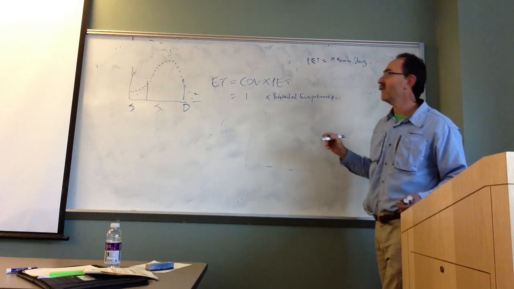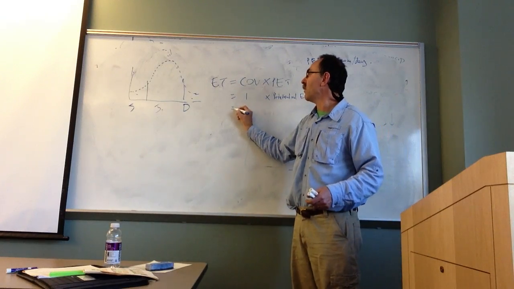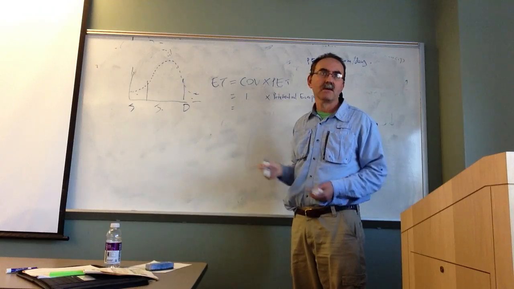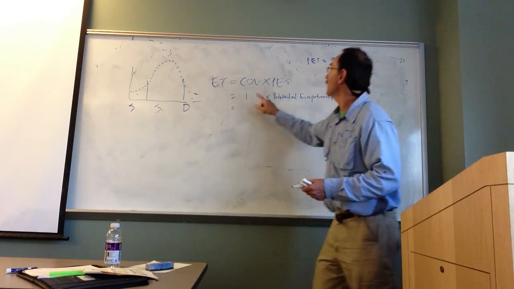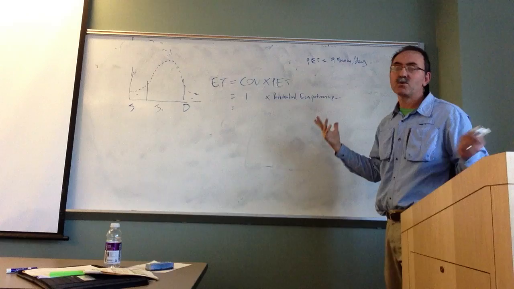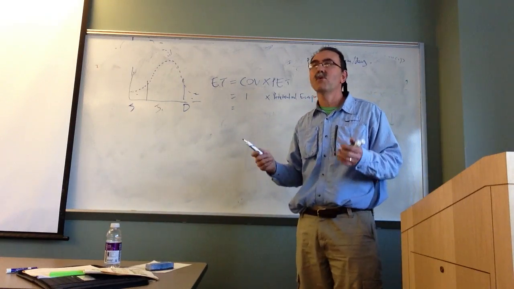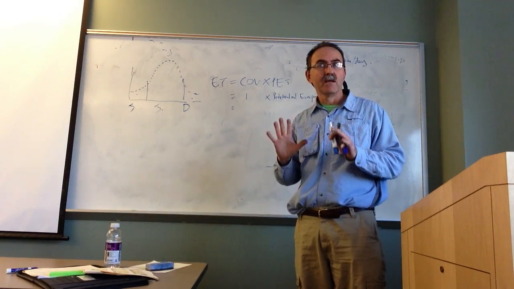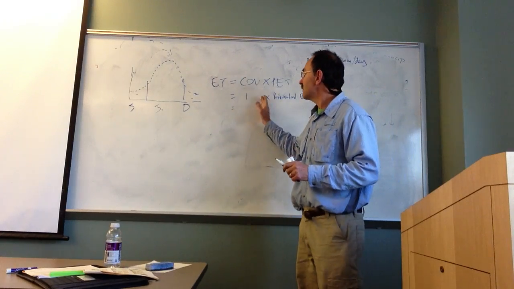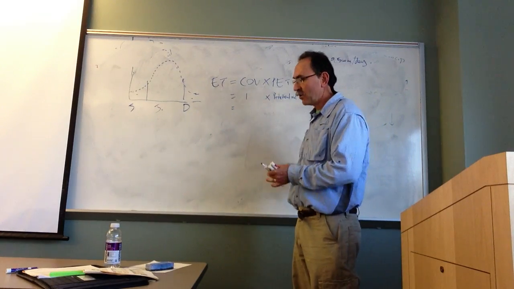Okay. If only half of your ground were covered, it would be 0.5 times 9.5, which would be 4.75 millimeters per day. So there are basically two components.